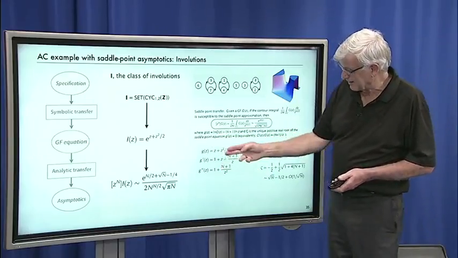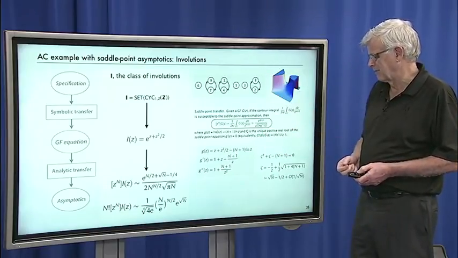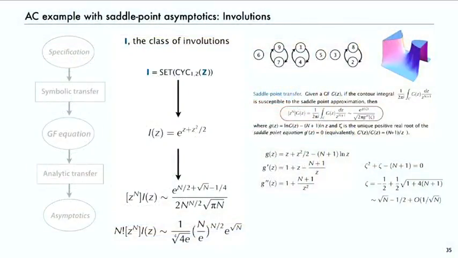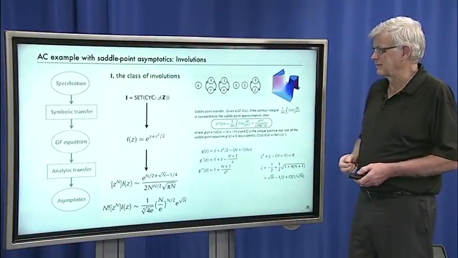That's kind of a complicated equation, but that's the asymptotics for this problem. Actually, we're interested in n factorial times that coefficient, so just plugging in Stirling's approximation gives that asymptotic expression for involutions. Fairly straightforward calculation using saddle point asymptotics.